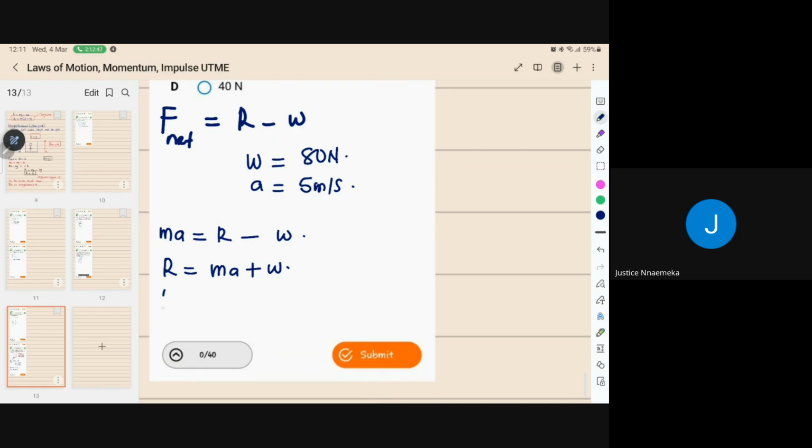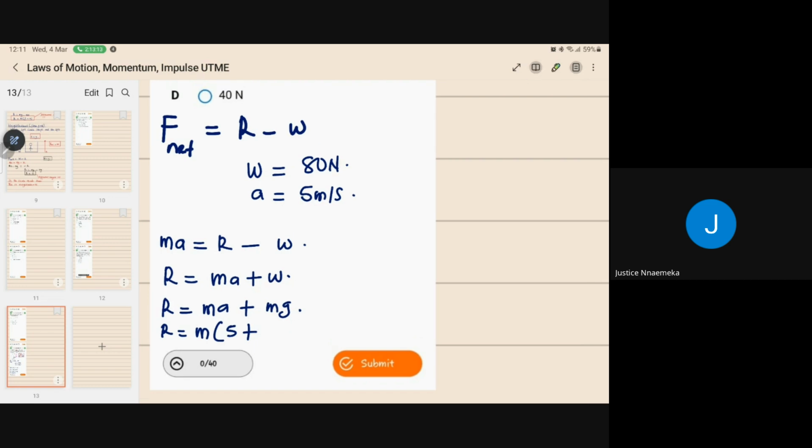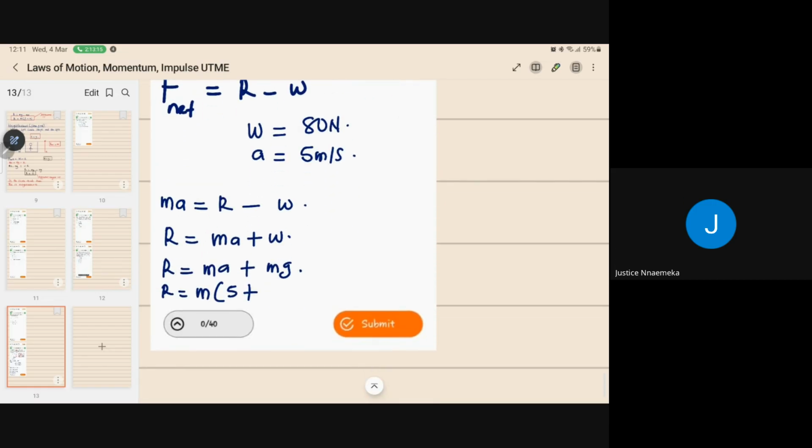Now, I want to show you something very key. We have ma plus W. I'm going a very long way just to relate what we've done so far. W is mg, right? So now we have that R is equal to m times (a plus g). A is 5 meters per second squared, plus g. Do I have people in the house? Good.